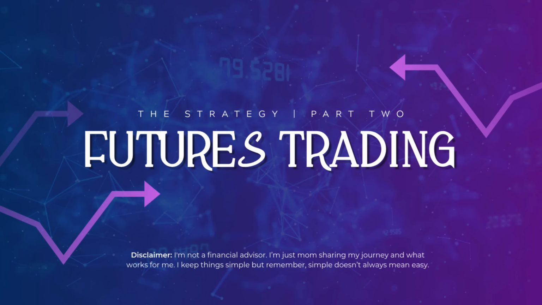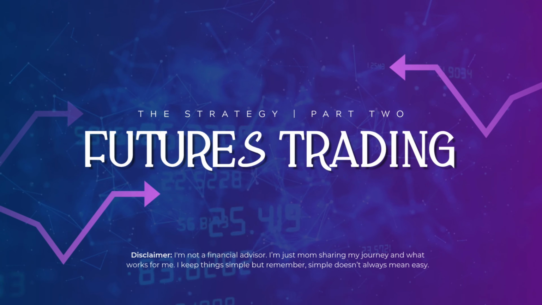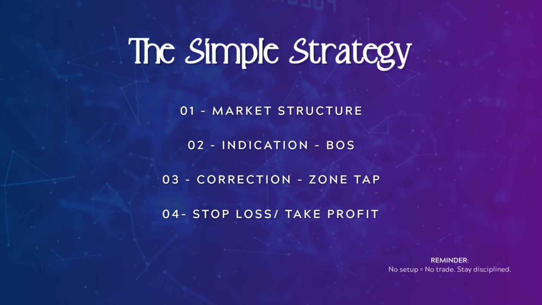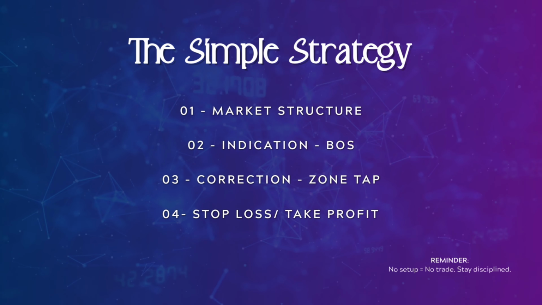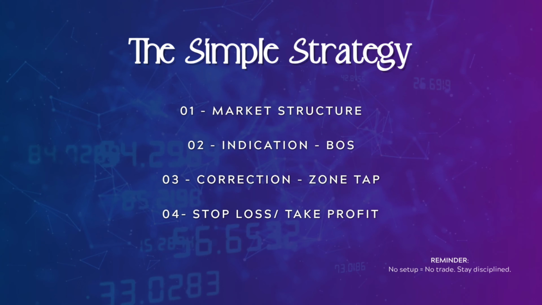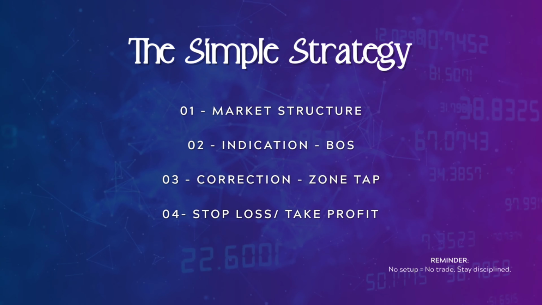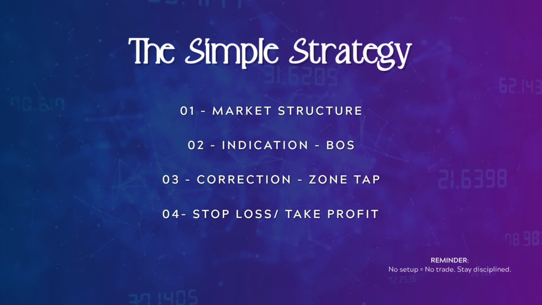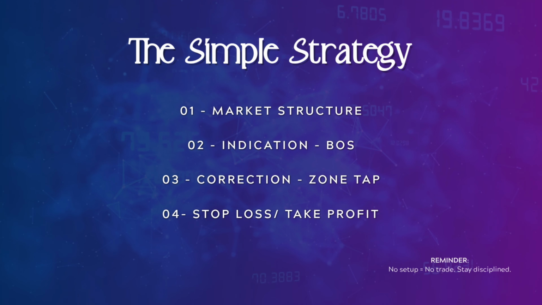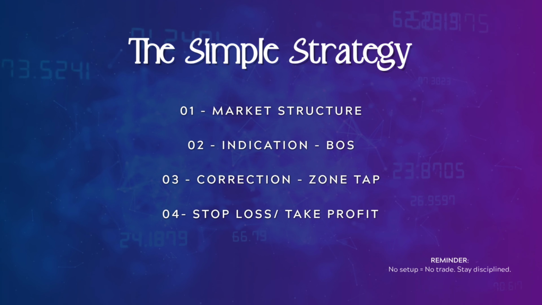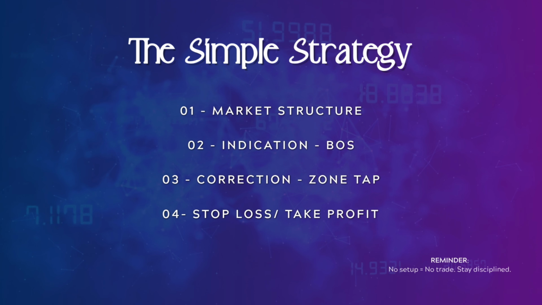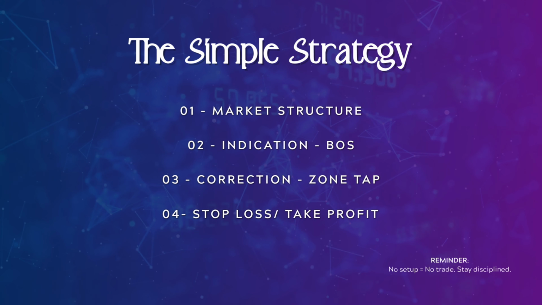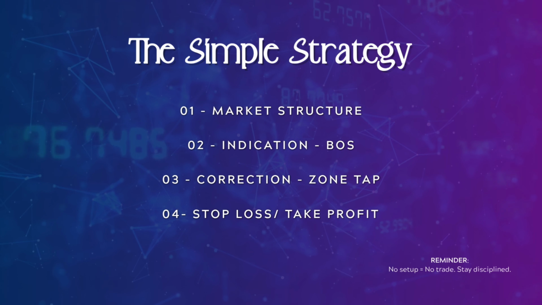So when it comes to the strategy, I'm looking for four main things. I'm looking for market structure, or basically the trend. I'm looking for a breaker structure, or another thing to call it is an indication that price either wants to go higher or lower.